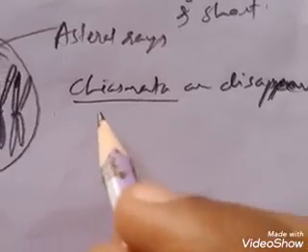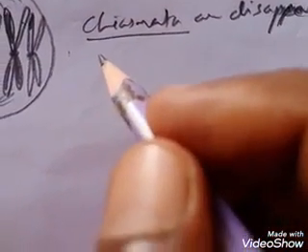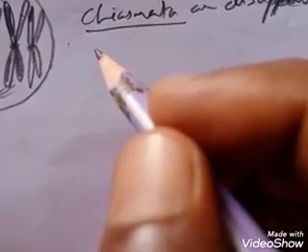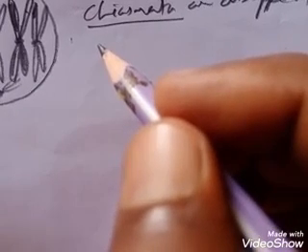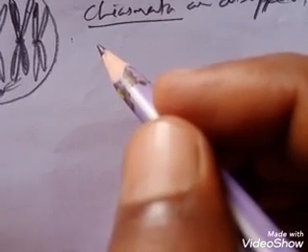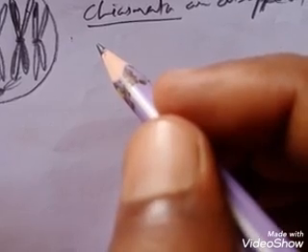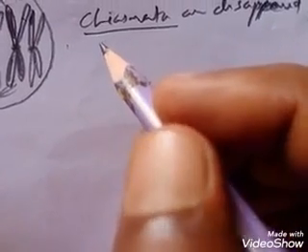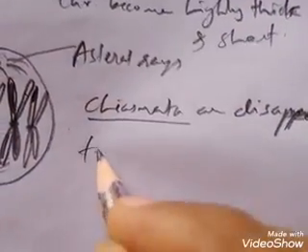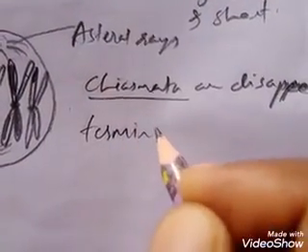The repulsion continues, and the bivalents are repelling each other. They are fully condensed and moving towards the tips of the chromatids, and this process is called terminalization.